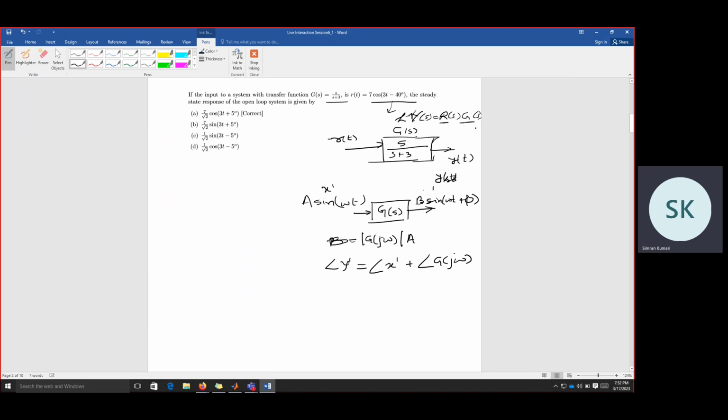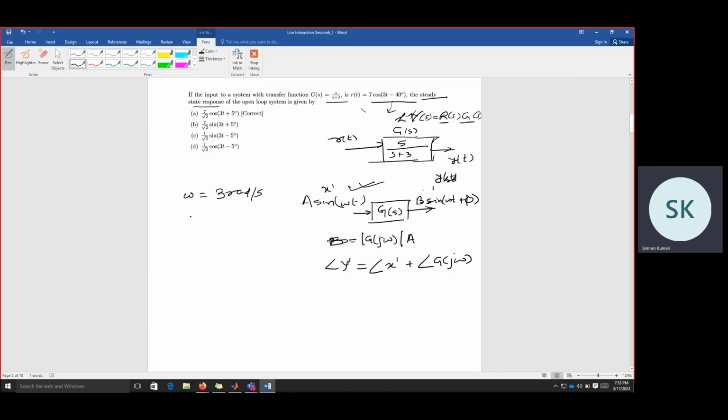But that will give you the overall response, and we want what? Steady state response. So we can take an easy way, that is this one, and since we know this, we'll try to apply this concept only. So what is the input frequency? This is omega equal to 3 radian per second.